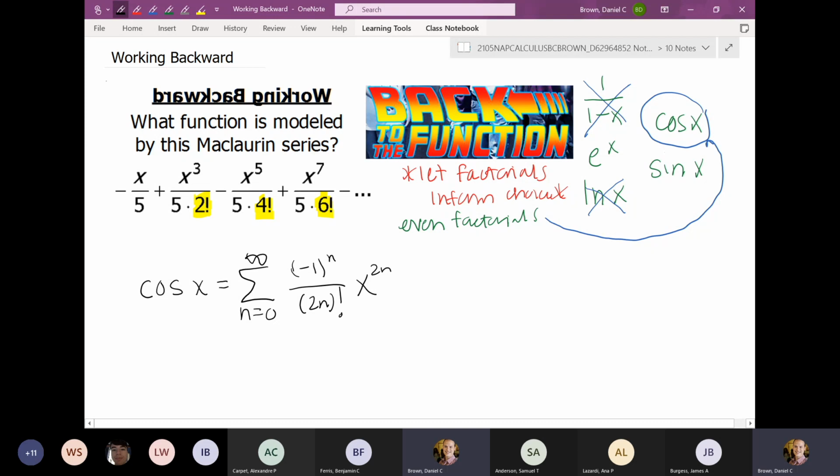What's important for one like this is that you really think about the first few terms. Notice they gave you the first 4 terms here, so I'm going to write out the first 4 terms of cosine. That is 1 minus 1 over 2 factorial x squared plus 1 over 4 factorial x to the 4th minus 1 over 6 factorial x to the 6th, and that's going to continue forever.